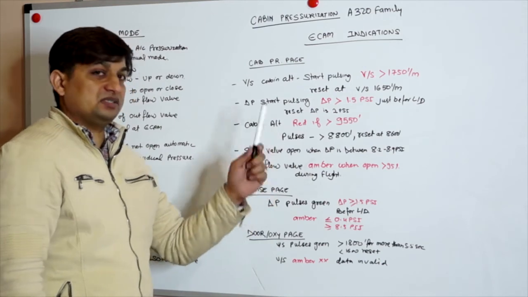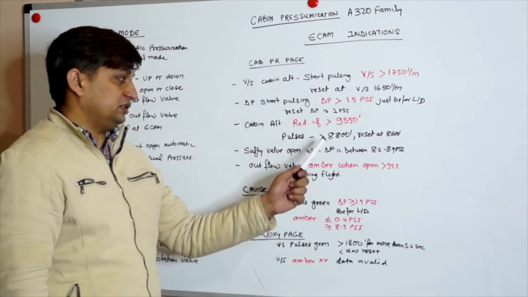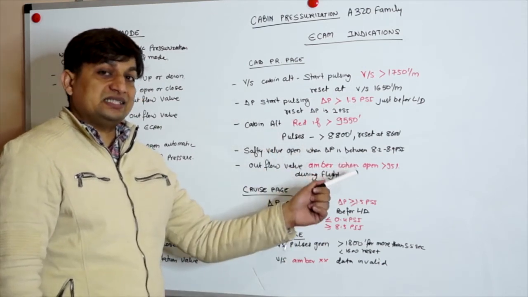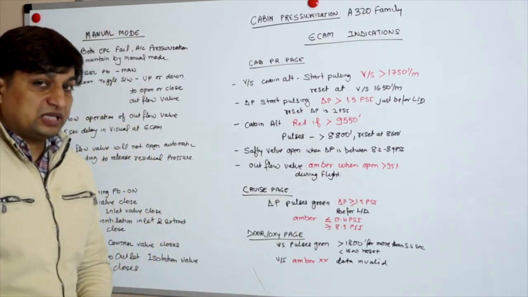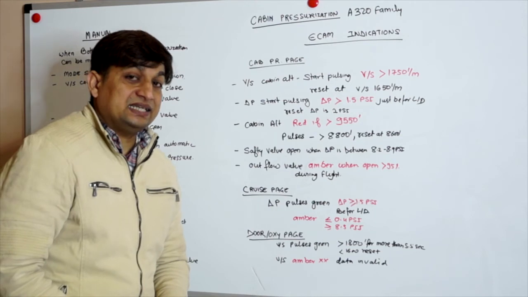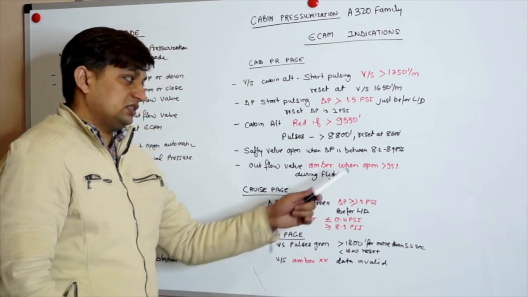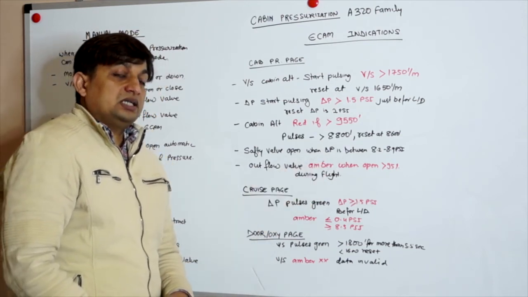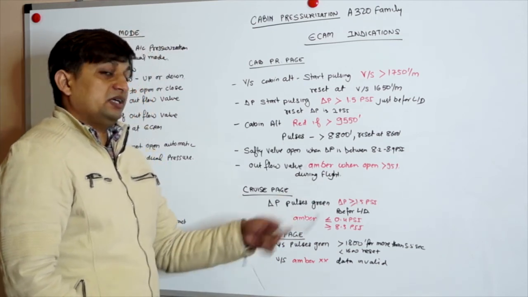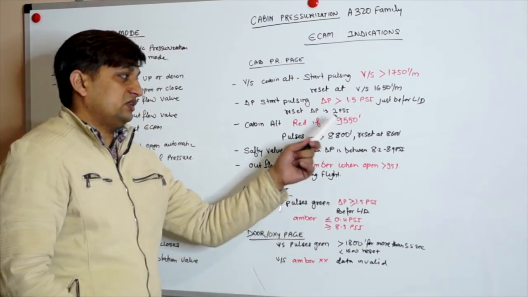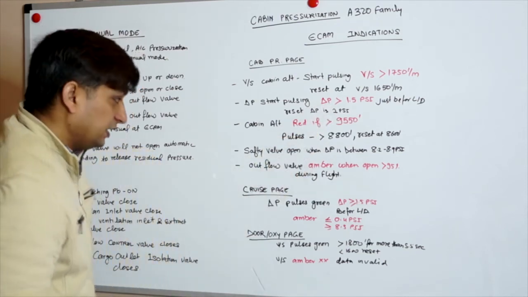It will start pulsing if it is more than 8800 feet, and it will reset at 8600 feet. Because the maximum cabin altitude allowed is 8000 feet only. If its value goes more than 8800, it will start pulsing green, and it will become red if it is more than 9550 feet.